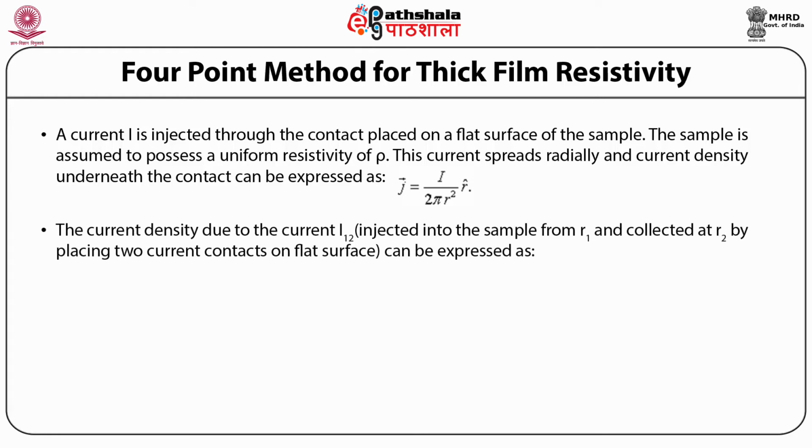The current density due to the current I12, that is injected into the sample from R1 and collected at R2 by placing two current contacts on flat surface, can be expressed as J = I12 / 2π into, within the brackets, (vector R minus vector R1) divided by the cube of modulus of (vector R minus R1), minus (vector R minus vector R2) divided by the cube of modulus of (vector R minus R2).